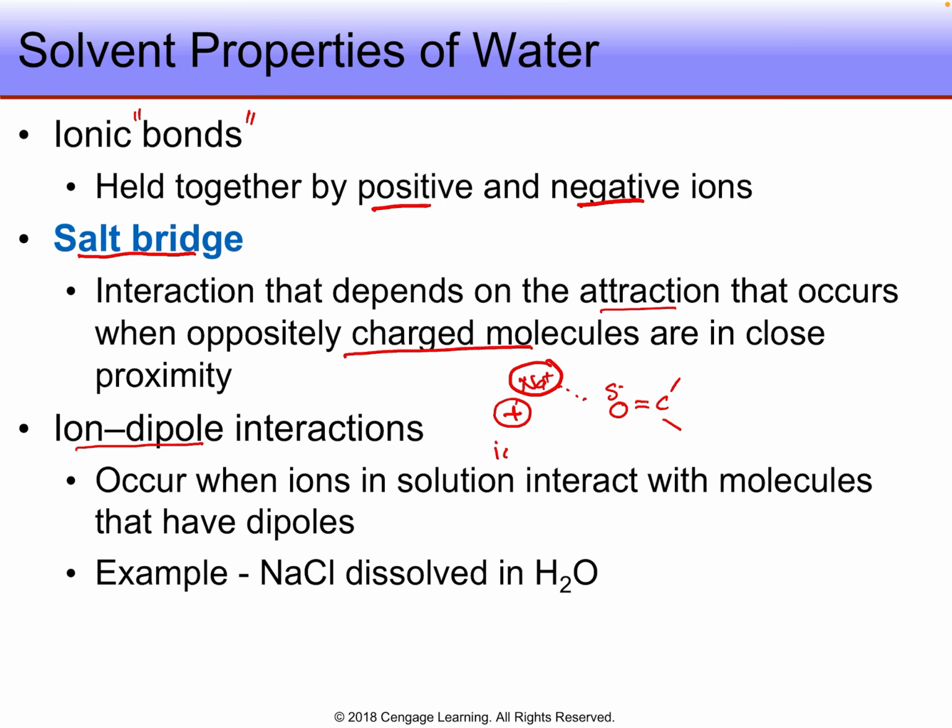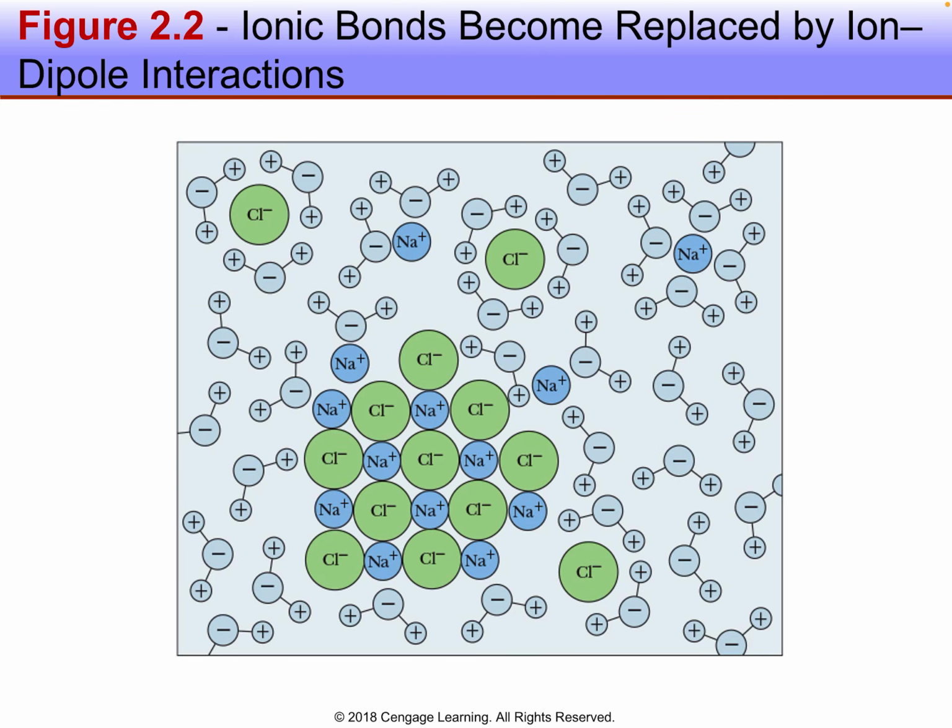So this is our ion and this is our dipole. So this is called an ion-dipole interaction. It's not as strong as a salt bridge. A salt bridge or an ion pair, in that case, you have two things that are fully charged. Here we have a full charge and one partial charge, so because the magnitude of the charges is not as great, it is a weaker interaction per mole.